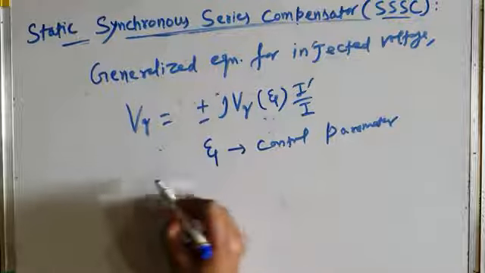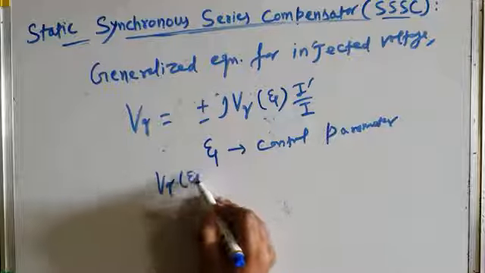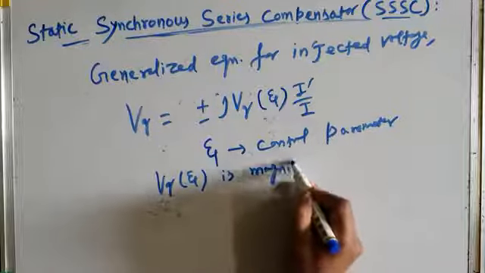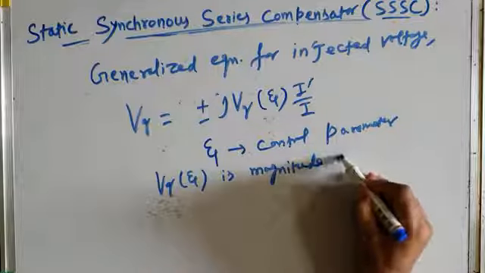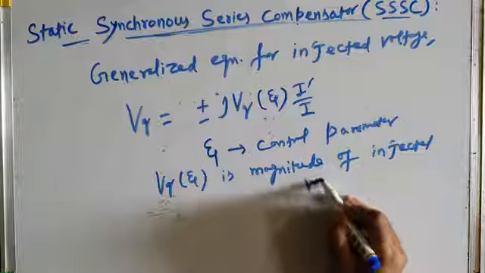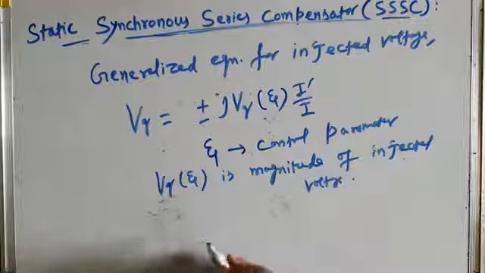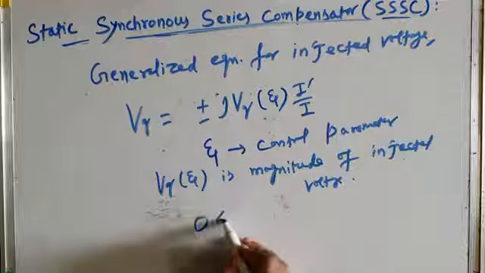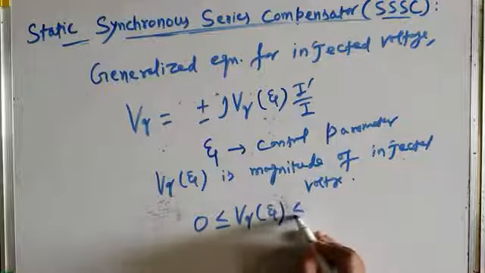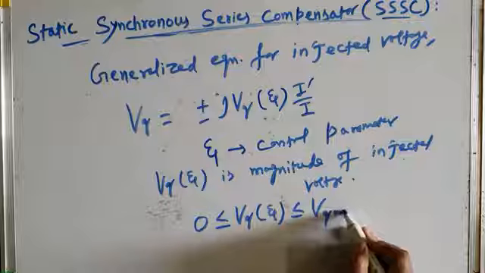And this VQ, which is a function of sigma, is the magnitude of the injected voltage. It represents the magnitude of the SSSC injected voltage. And this magnitude of injected voltage can vary from 0 to a maximum value, VQ max.